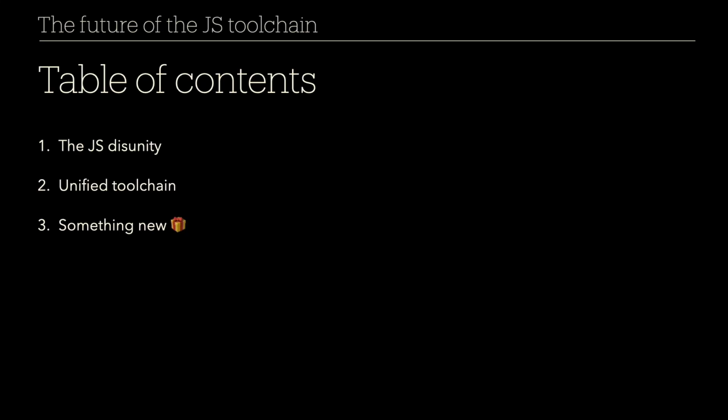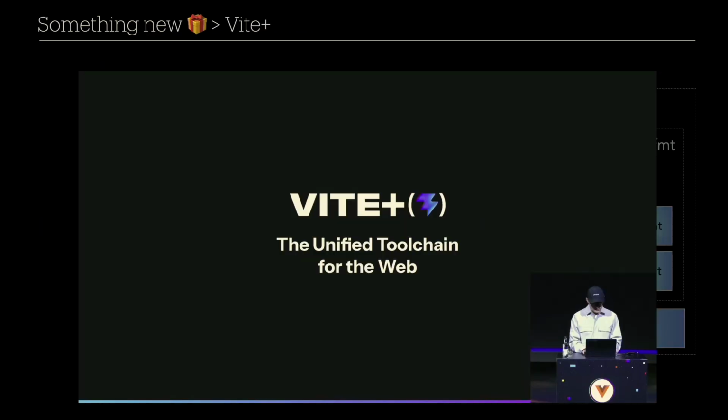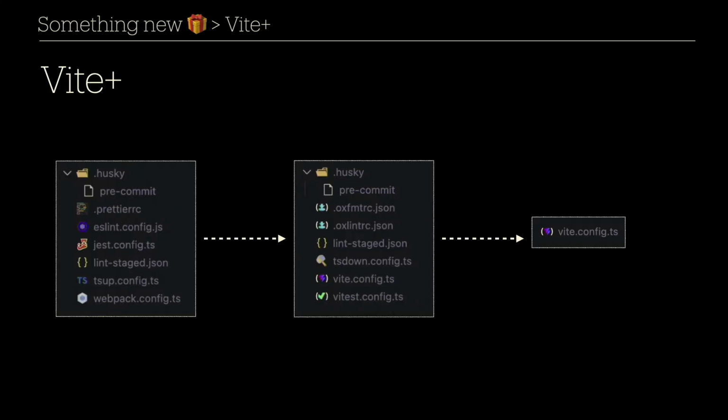So, something new, which is not really new because it has been announced in March. It's Vite Plus. Have you heard about Vite Plus? Yeah, many people, nice. So Vite Plus is basically an additional step, I would say, on top of all this unified vision and tools.